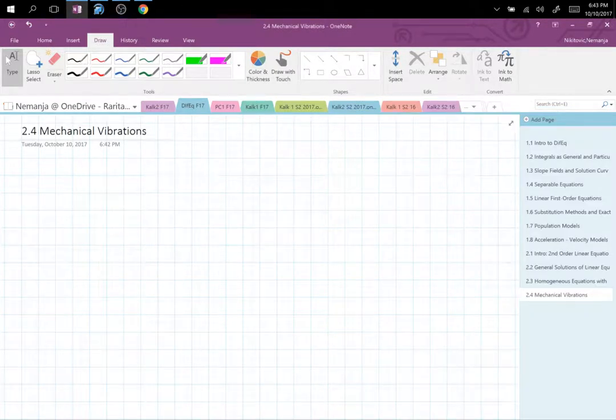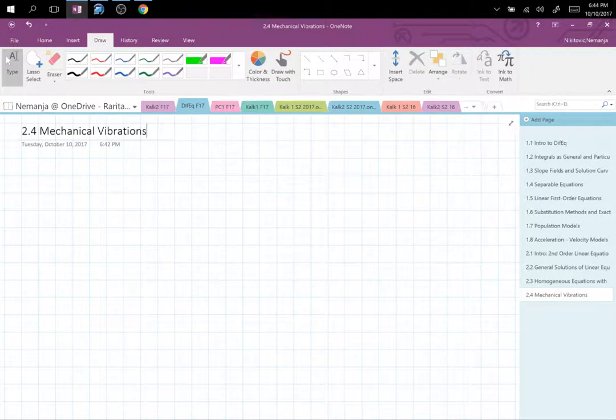Hello and welcome back to Differential Equations section 2.4, Mechanical Vibrations. What we're going to do here is take our second order constant coefficient homogeneous ordinary differential equation and give it application.